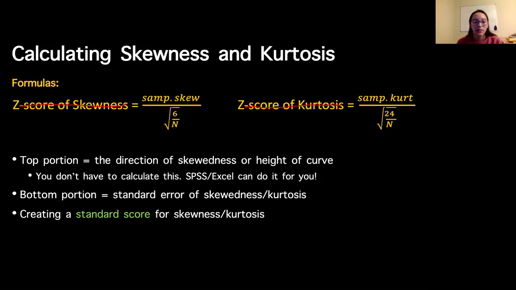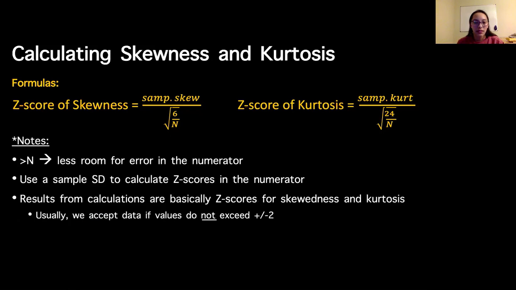Okay, so some notes on these equations. You can see that n is in the denominator, right, of a square root within a denominator. Usually when we see something in a denominator, we say it's indirectly related to whatever is on the other side of the equal sign. So in this case, if we have a small sample size, the likelihood of us having a high degree of skewness is pretty great, right?